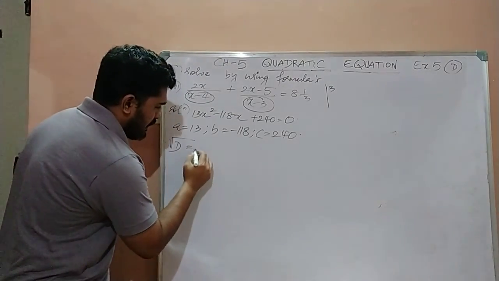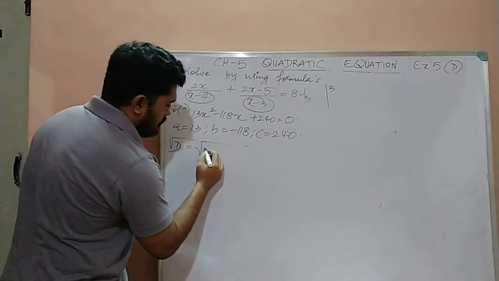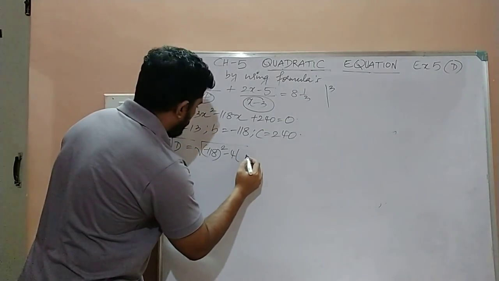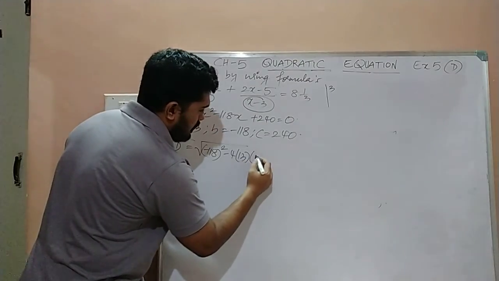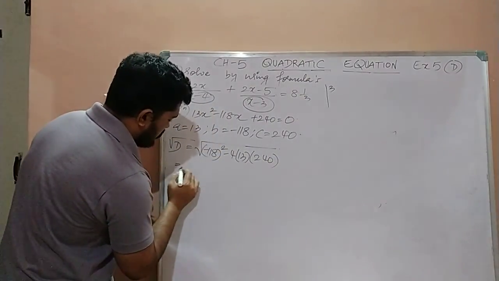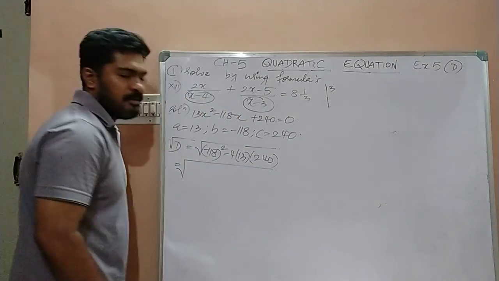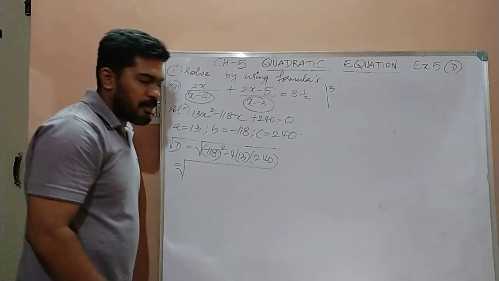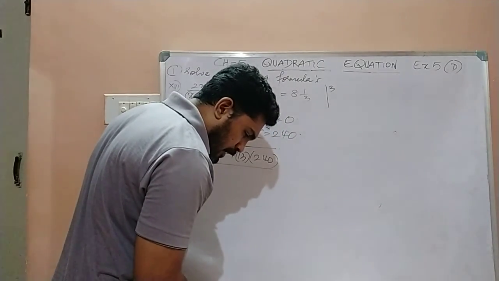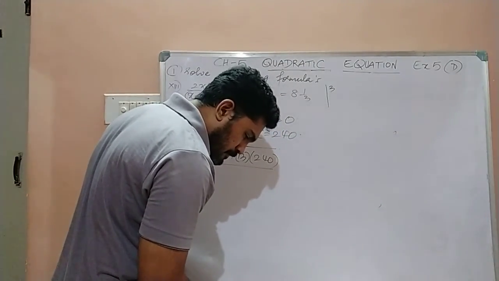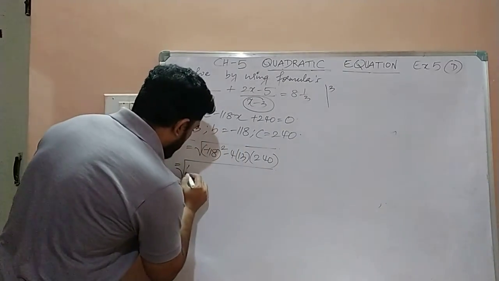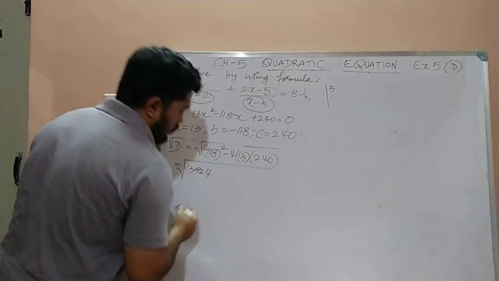What is the first thing that we do? Square root of D. That is square root of minus 118 square minus 4 into A, which is 13, into C, that is 240. Minus 118 square, how much should it be? 118 into 118 is equal to 13924.